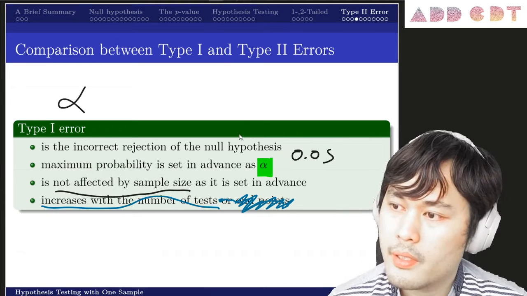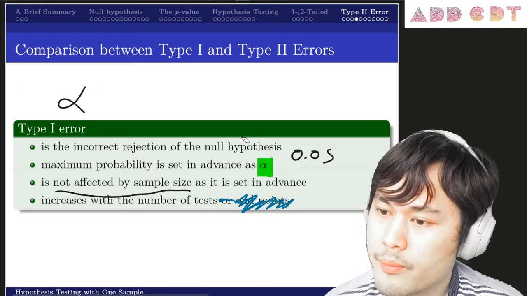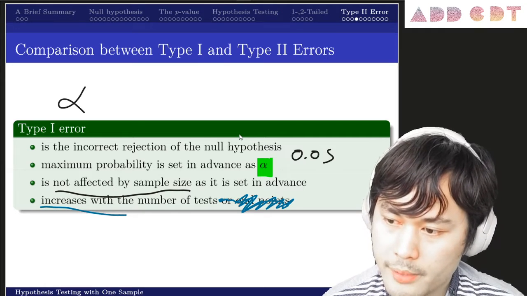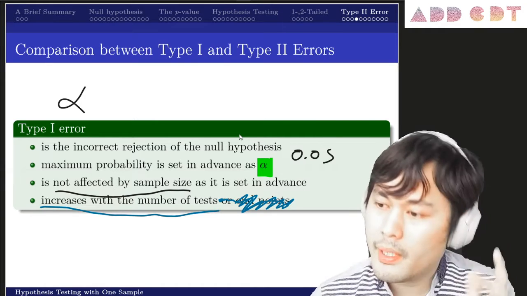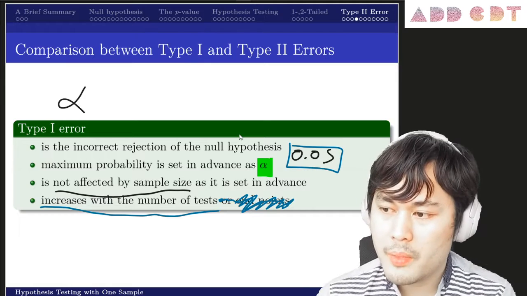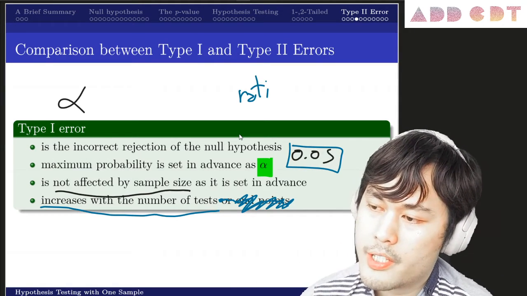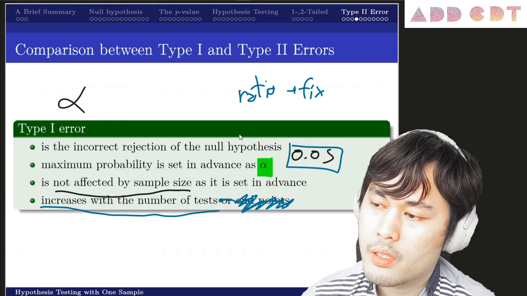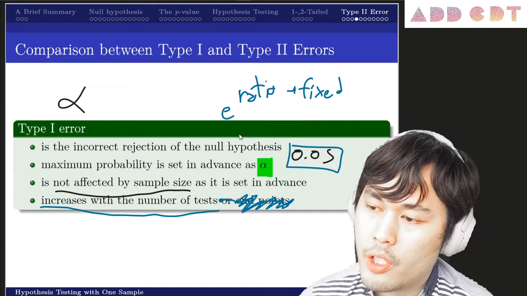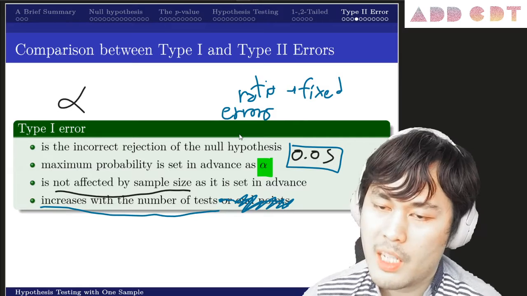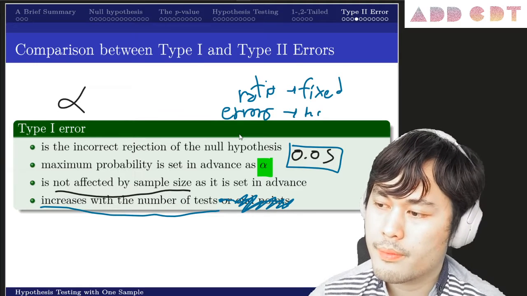So that error increases. The ratio itself is fixed. The ratio or the chance is fixed. But the total number of errors will increase.